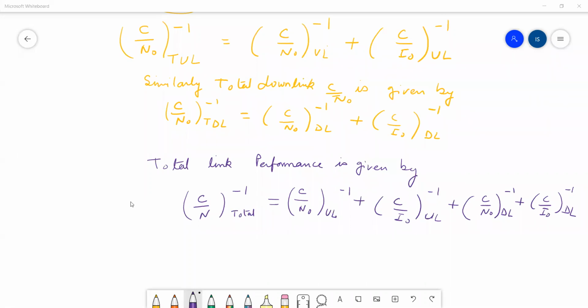Total signal to noise ratio inverse is given by the signal to noise ratio of the uplink plus signal to interference ratio of the uplink plus carrier to noise density ratio of the downlink plus carrier to interference density ratio of the downlink. So this is the total link performance. Total link performance we can calculate this way.